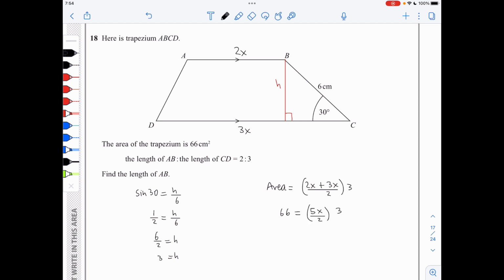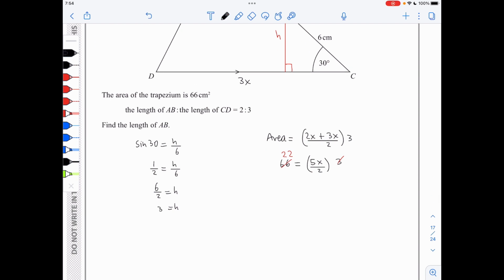I will start by simplifying the 3 with the 66. They leave me 22 on the left-hand side. And then I can cross multiply to get 22 times 2 is 5x. So 44 is 5x. So 44 over 5 is equal to x.